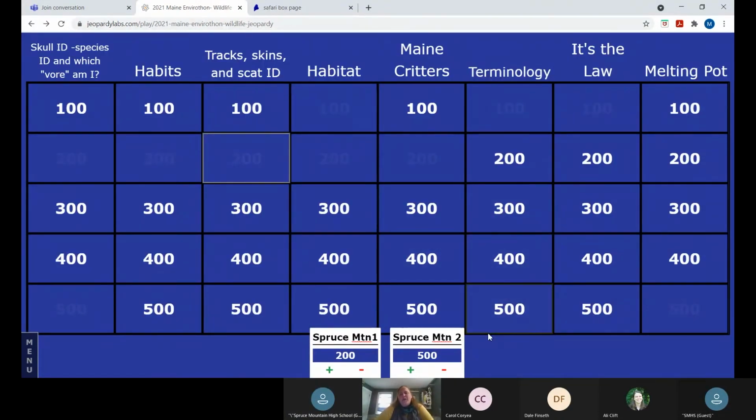Good guess. So a lot of times with track ID, I think all of the track replicas that we use are hindfoot tracks. There are many species of animals that have a different track between the front and the rear tracks. It's good to identify both.